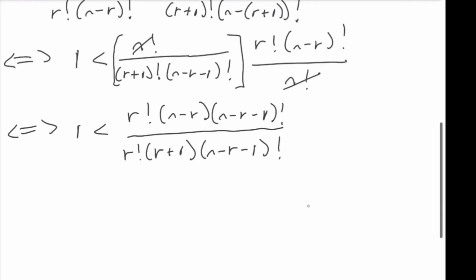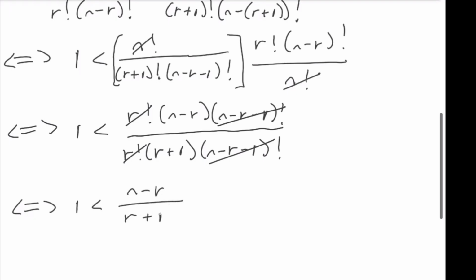And now I know r factorial over r factorial is 1, and (n minus r minus 1) factorial over (n minus r minus 1) factorial is 1. So I am left with 1 is less than (n minus r) over (r plus 1).